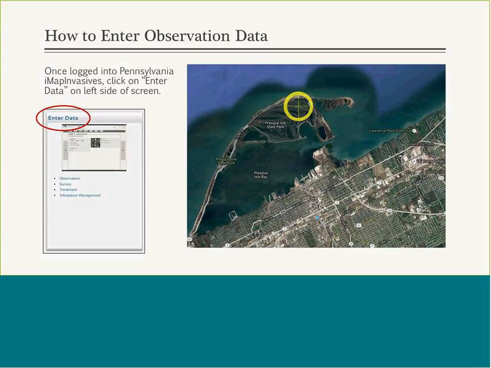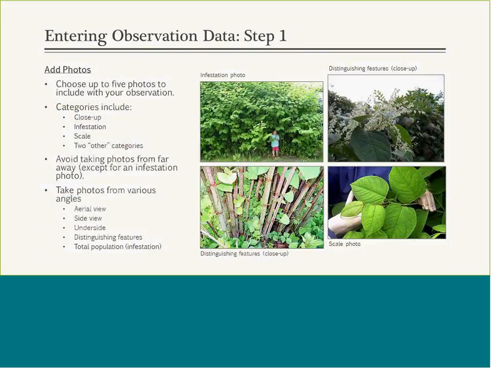So once logged into the program, you're going to click on the far left side where it says Enter Data. The first thing that it's going to want you to do is to add photos. There's a category that you can choose, and you can include up to 5 photos, and there are various categories of photos.